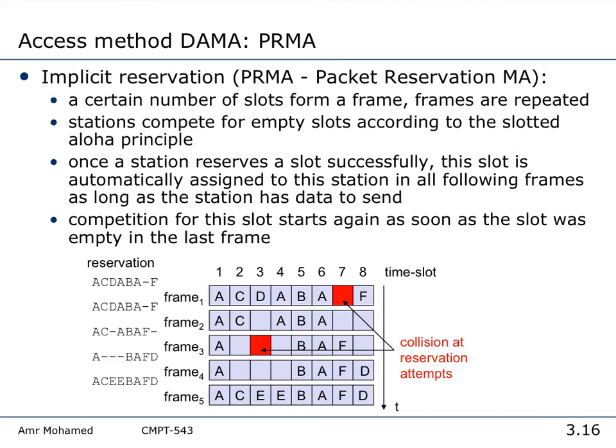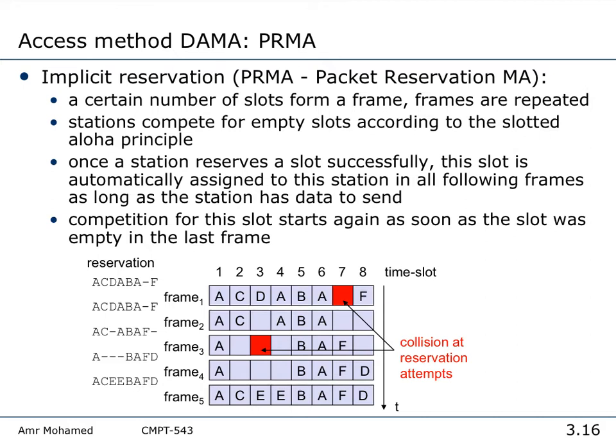So all the time slots that are available are open for all the nodes to contend to gain access to that time slot. Okay? So at the beginning of the system, all these frames will be labeled as available time slots, which means that any node is allowed to contend, which means that it tries to send at this time slot.